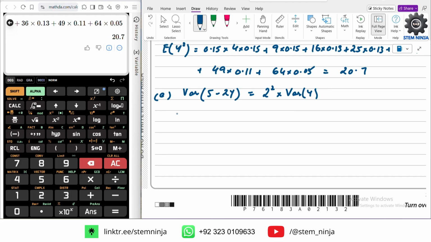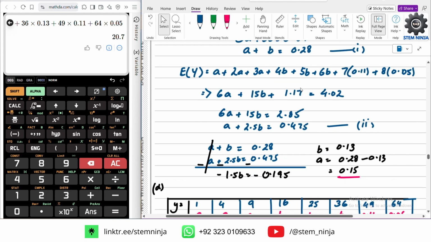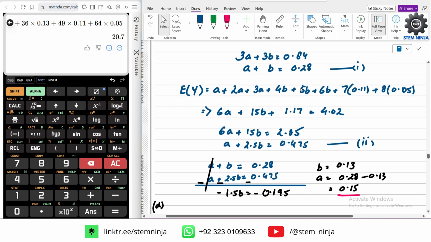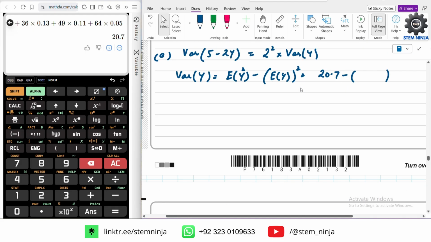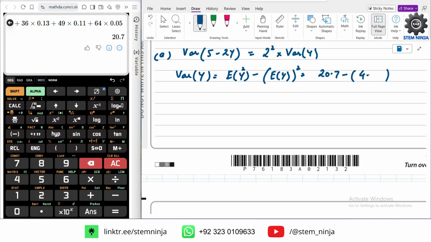So this means we need to find out the variance of y first. That is going to be E of y squared minus the square of expectation of y. So this is 20.7 minus the square of expectation of y, which was given as 4.02, right? Squared.